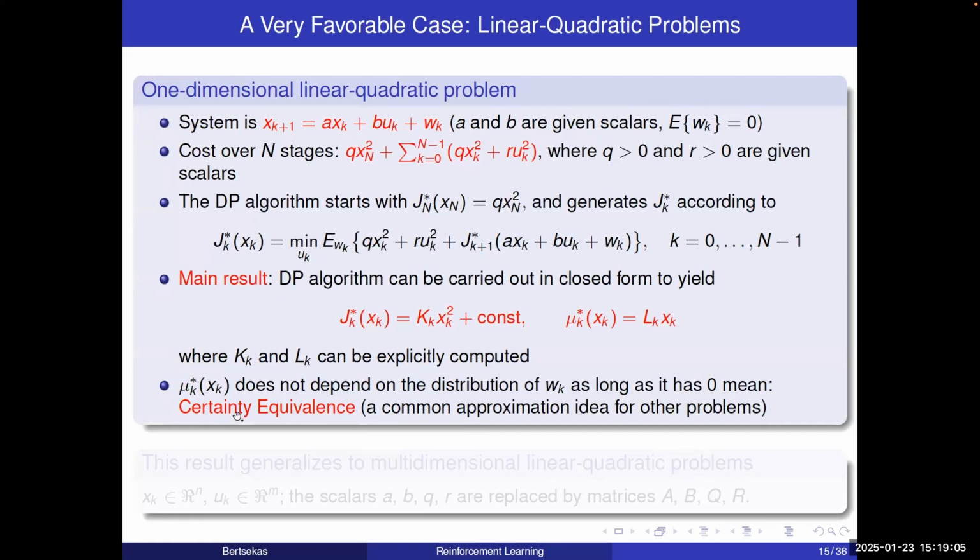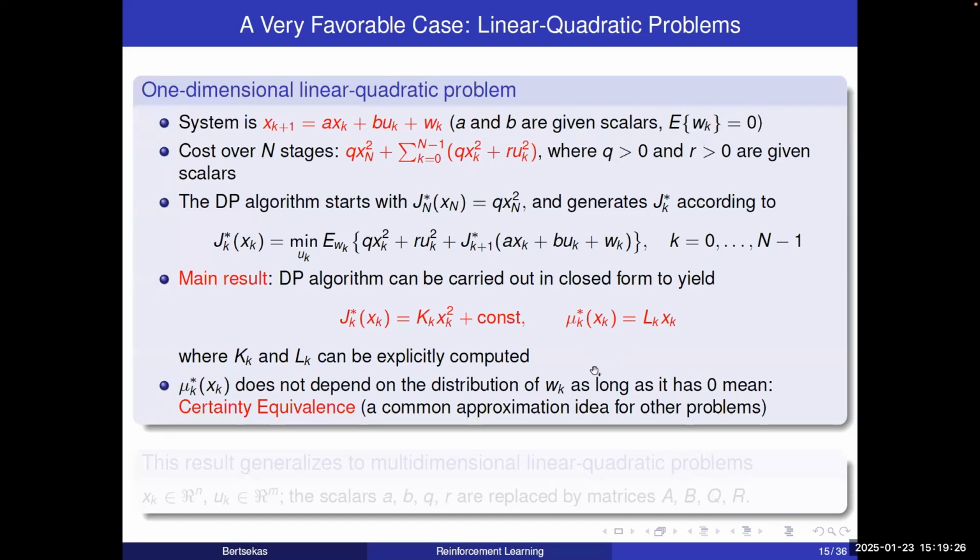It means that the optimal policy remains the same if the uncertain quantities are replaced by their expected values. In other words, if we knew exactly the disturbances to be equal to their expected values, we would not change the control that we apply.